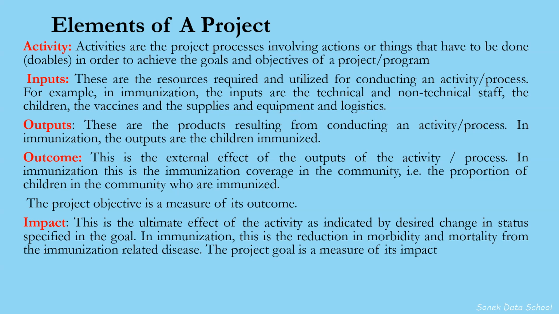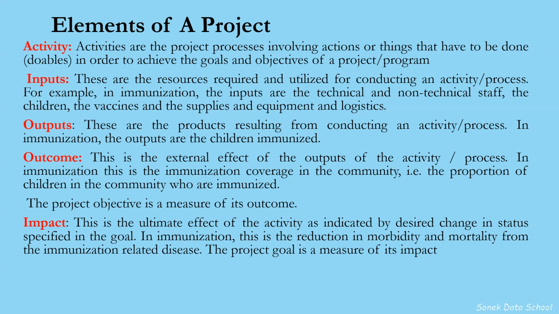or project. Other elements include the activities which we've mentioned, that is, the project processes that involve actions or things that have to be done, or the doables, in order to achieve the goals and objectives of a project.